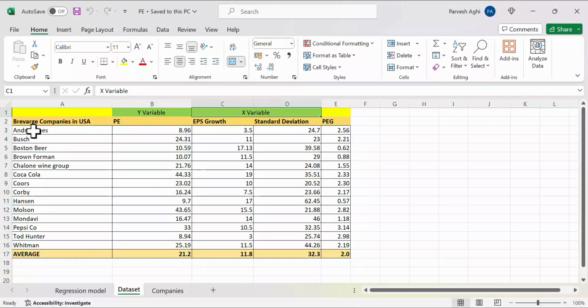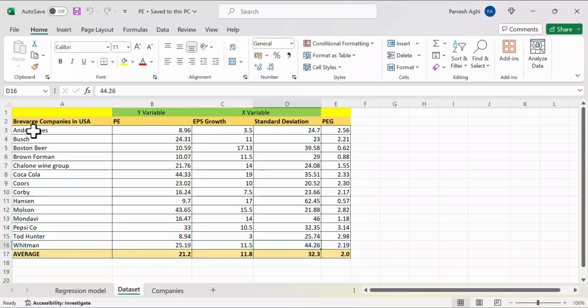And then we have to calculate the X variable, the dependent and independent variable. The X are all the variables on which the PE ratio will depend. EPS growth and standard deviation, two are given to you for all the companies: the growth and the risk.